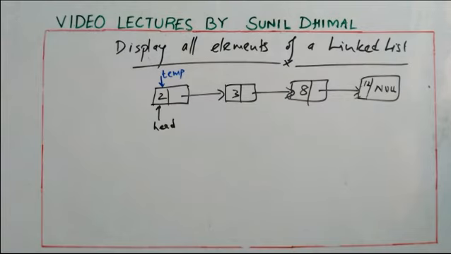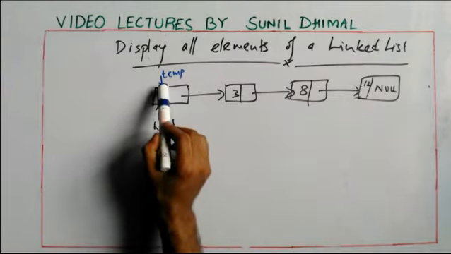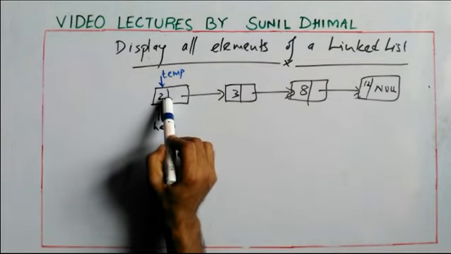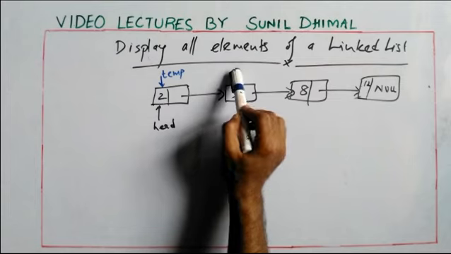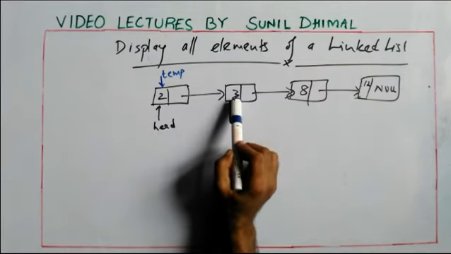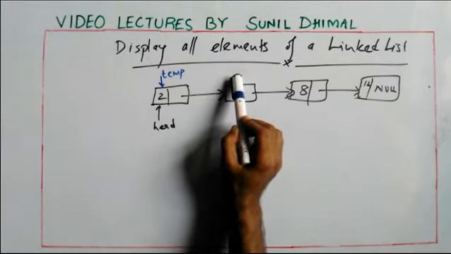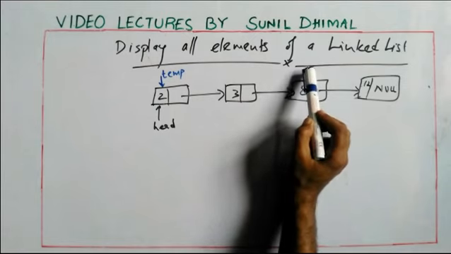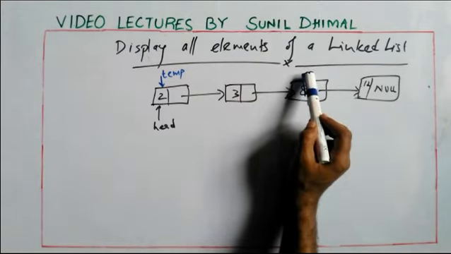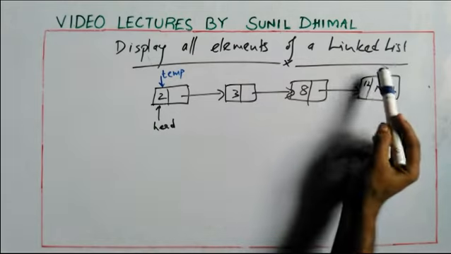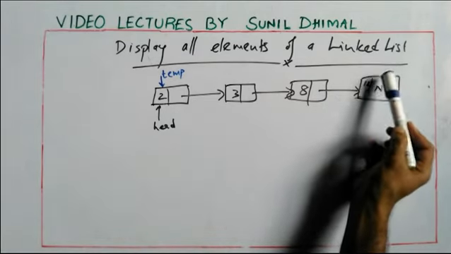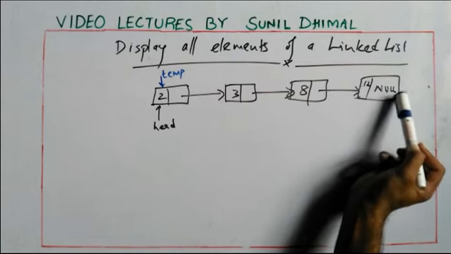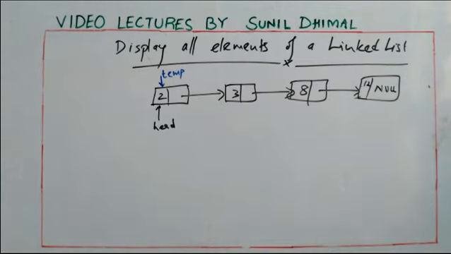Then we print the data part of temp, that is pointed by temp, and advance temp to the next node. Print the data part of temp, advance temp to the next node. Keep on doing this until we reach the last element. In this case, this is the last element, it will be printed, and I need to stop because it does not have any other link. This is the last node.